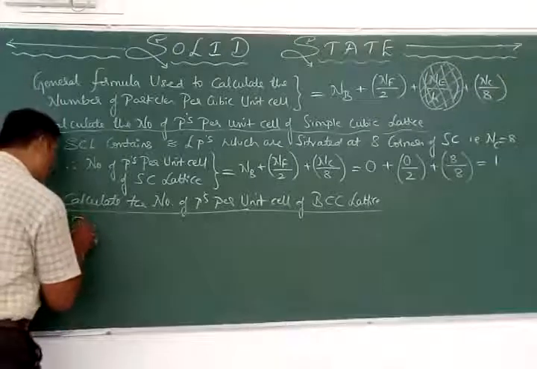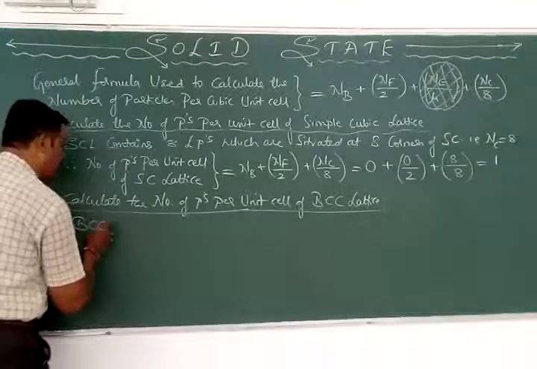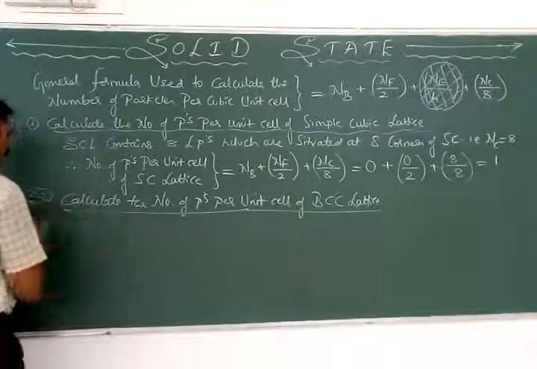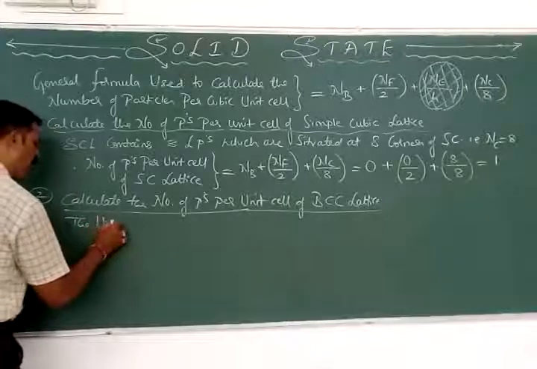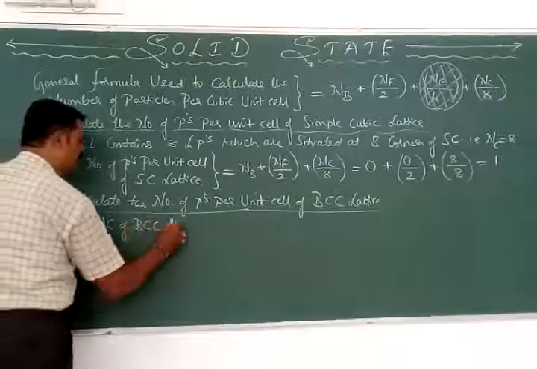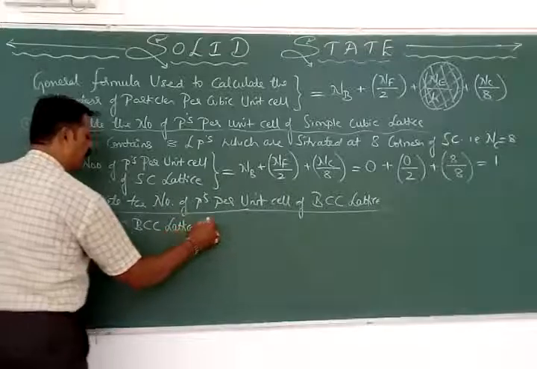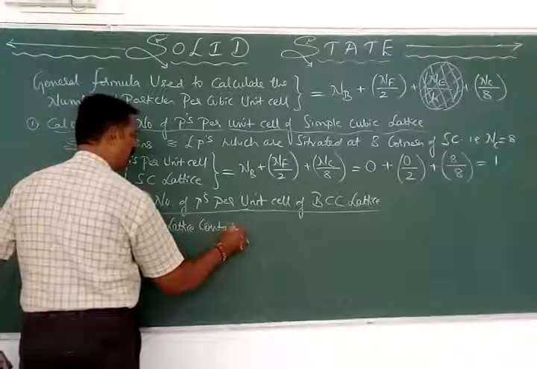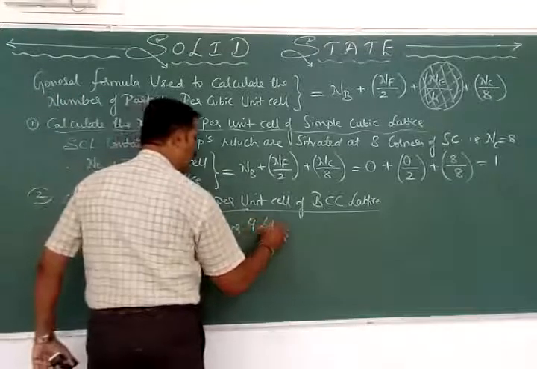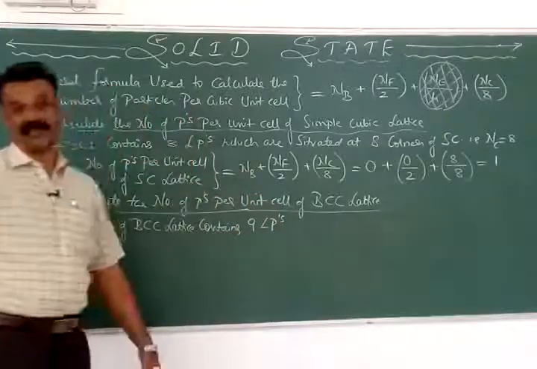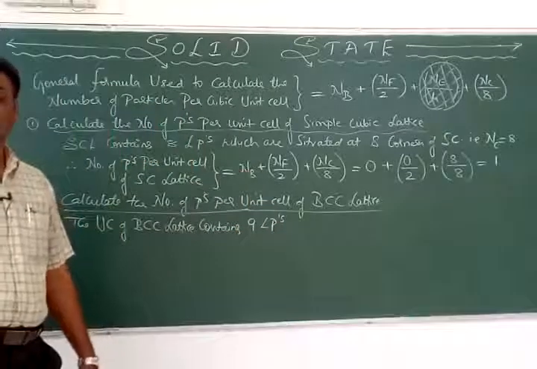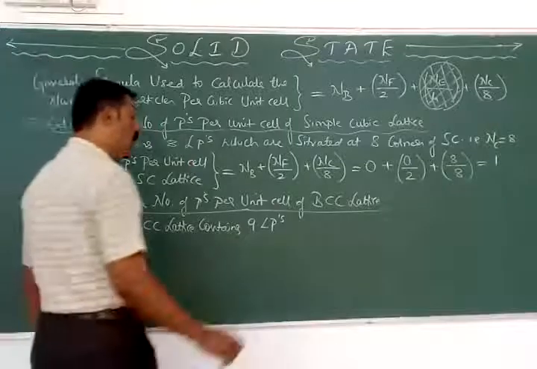So here, the BCC lattice unit cell contains 9 lattice points. What are LPs here? The lattice points.